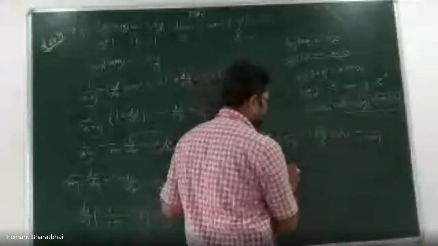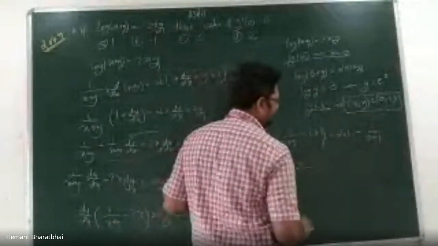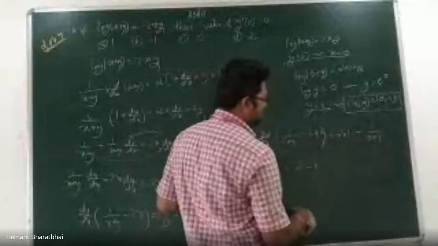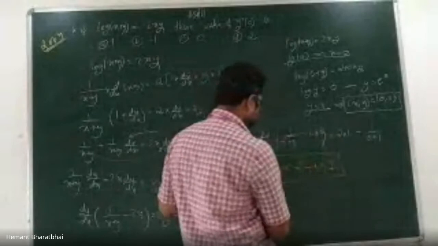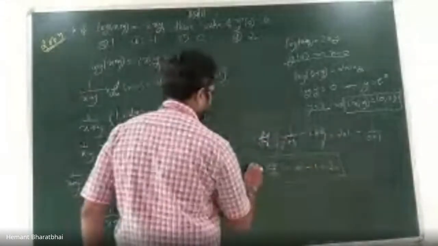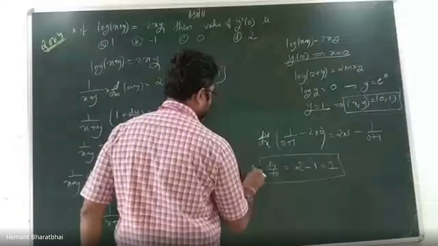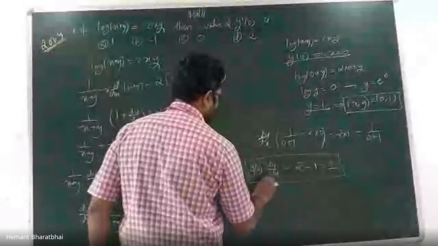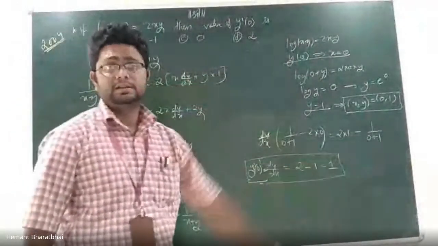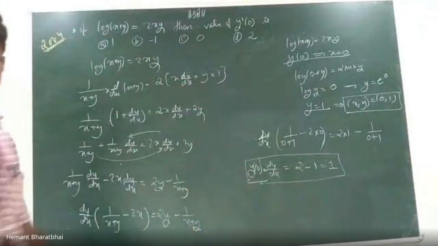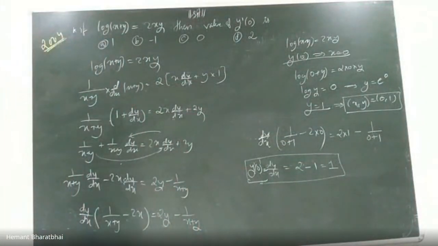So dy by dx is equal to 2 minus 1 upon 1, that is 2 minus 1, which is 1. So dy by dx, that is nothing but my y dash of 0. So when my x is 0, my y is 1, and I get the value as option A.